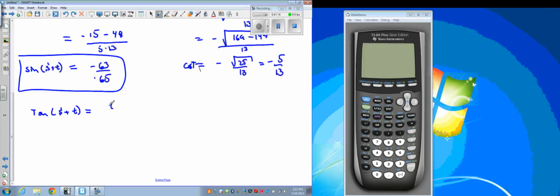That's tangent S plus tangent T, isn't it? And then this is 1 minus, isn't it? Yep. Tangent S, tangent T.